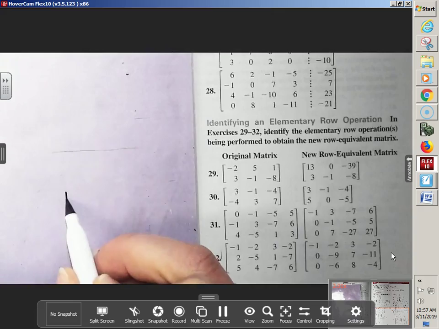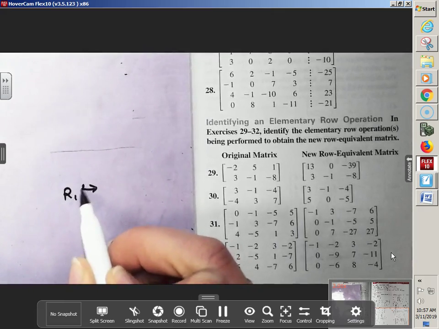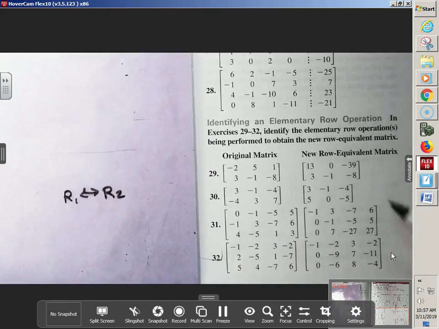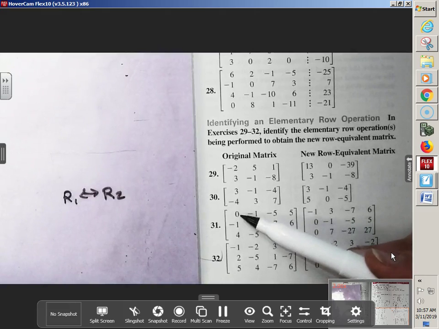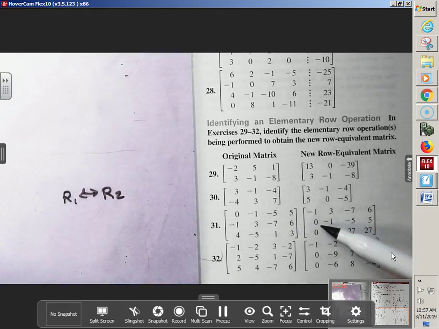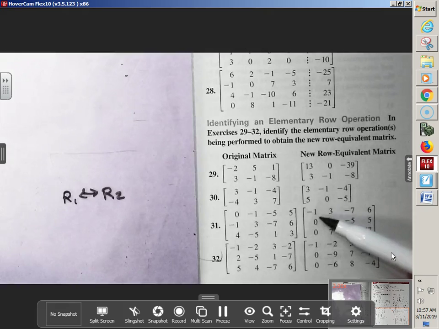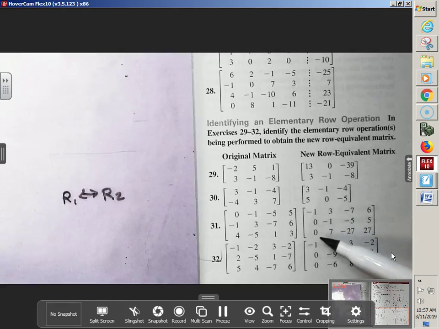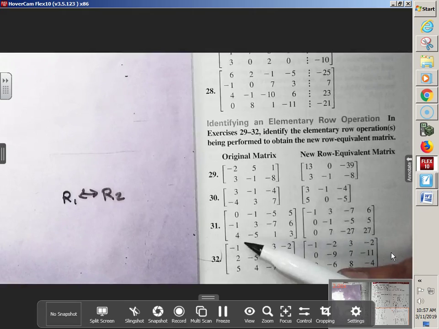Yeah, I see the R1 switched with the R2 because they wanted that -1 on top and that 0 on bottom. They probably should have multiplied everybody by a -1 first to get that nice established 1, but for some reason they just tackled that 0 as was. So to tackle that 0, the only way we can get rid of that 4 is if we add the opposite, right guys?